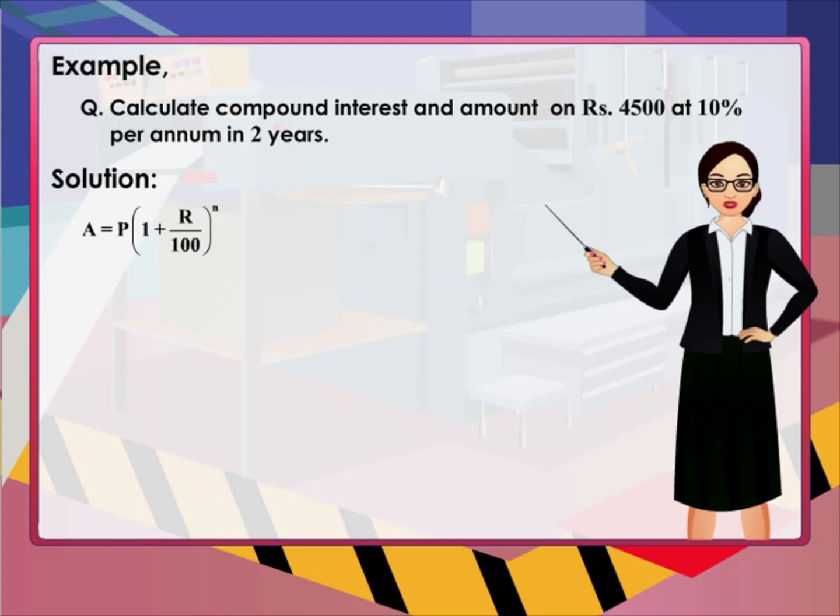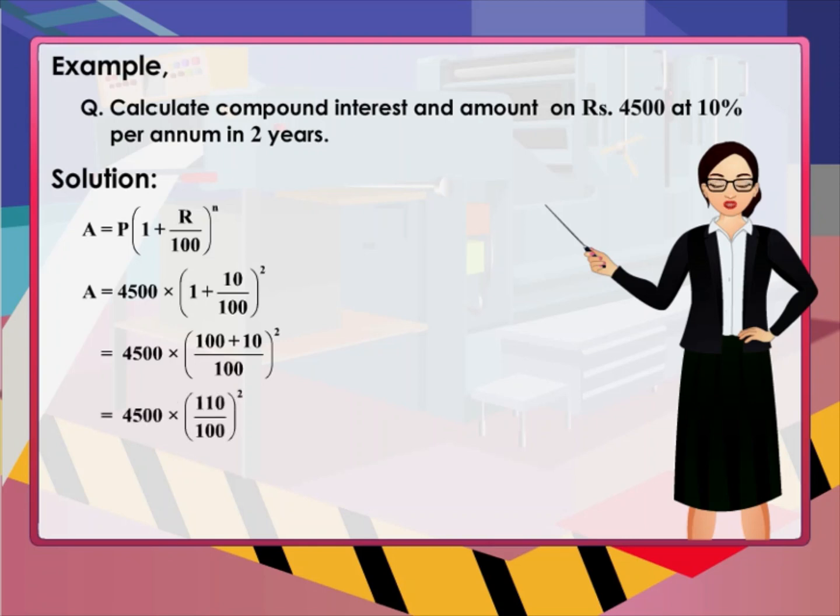Now let us substitute the given values in this formula, so it becomes A is equal to 4,500 into 1 plus 10 by 100 the whole square. Next, the 4,500 be as it is. Inside the brackets, take the LCM of 1 plus 10 by 100. We get 100 plus 10 whole divided by 100 the whole square, which is equal to 4,500 into 110 by 100 the whole square.